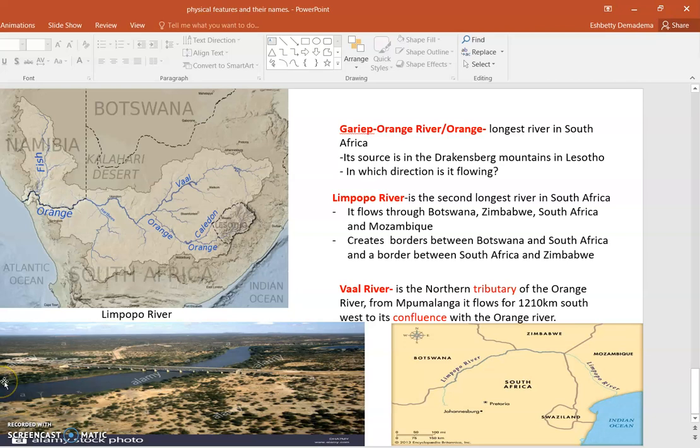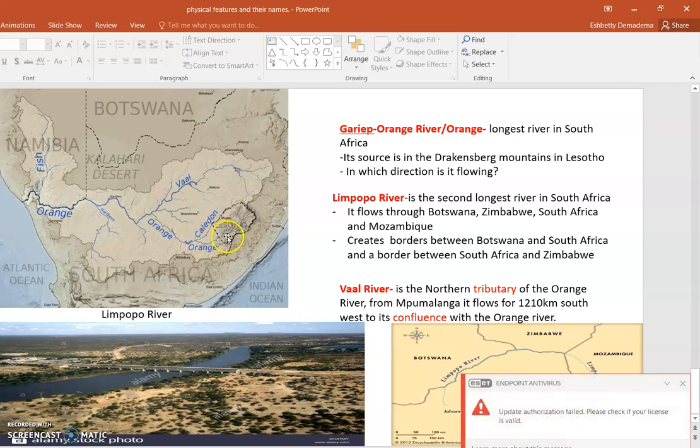We've spent a lot of time talking about rivers, and now we need to see if we can identify these rivers on the map, and at the same time, if they've got their name from somewhere, we can actually talk about the name as well. So the Haripur Orange River is the longest river in South Africa.